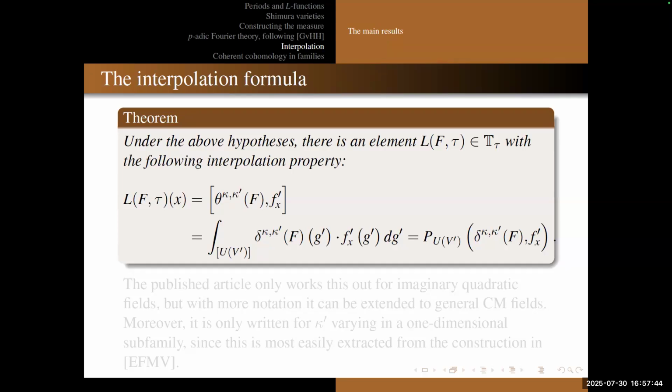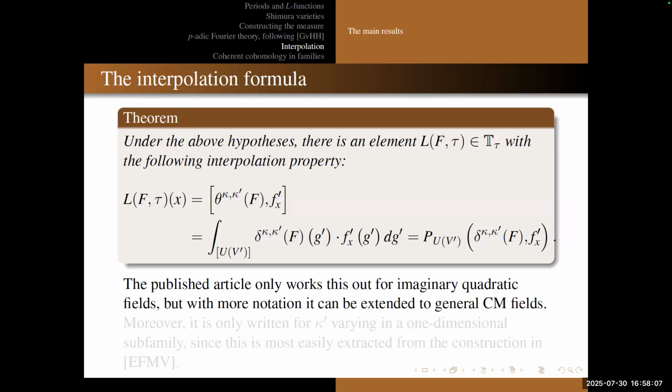And this tells you that there is an element in this Hecke algebra which specializes at the point X, because X is a point in the spectrum of the Hecke algebra, the classical form, is exactly this normalized period.